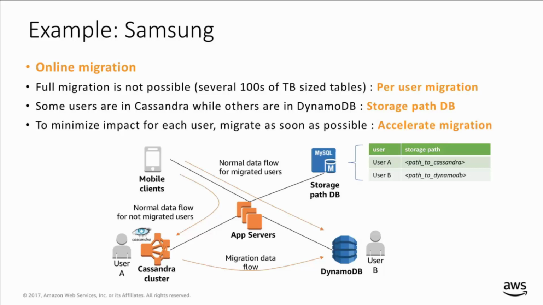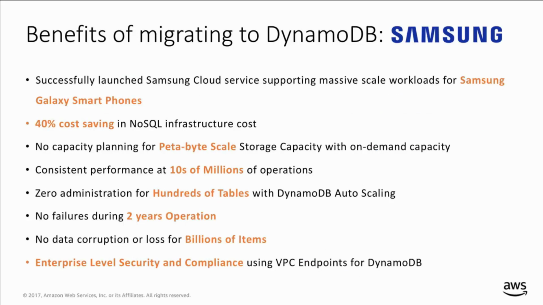The benefits that they got from migrating to DynamoDB: they were able to successfully launch their Samsung Cloud service that supports massive scale workload for their Galaxy line of phones. Just in the infrastructure cost, they saw savings of 40%.